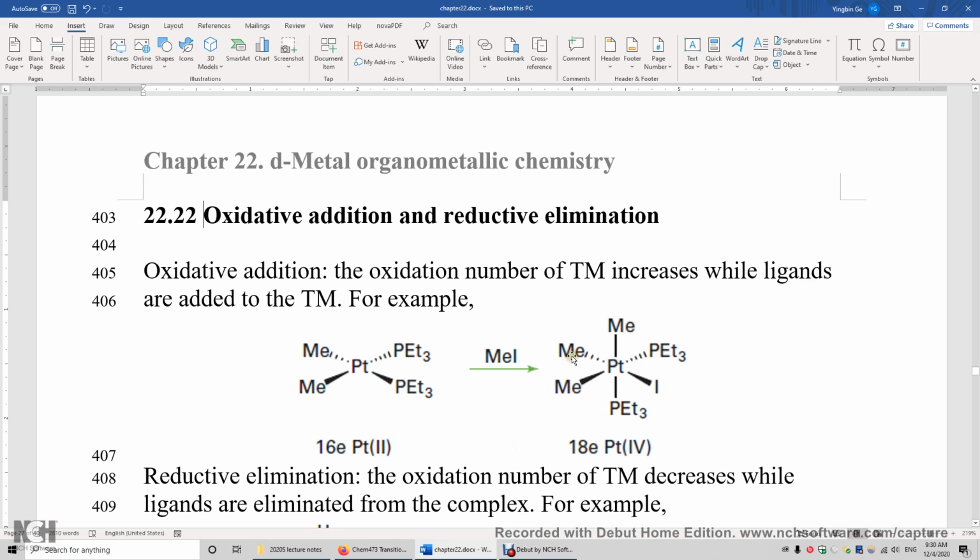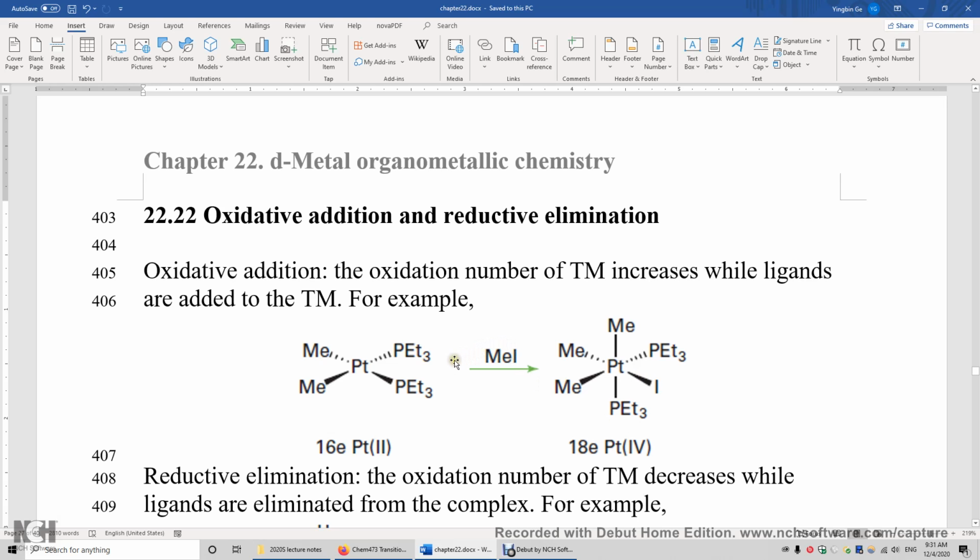Over here, other than these 2 methyl ligands, there's a third methyl ligand that bears a negative charge. This iodo ligand also bears a negative charge. Therefore, the oxidation number of platinum is +4. So the oxidation number increases from 2 to 4.